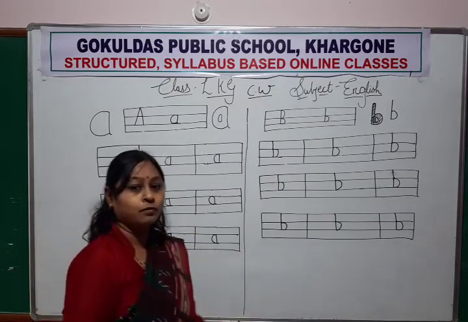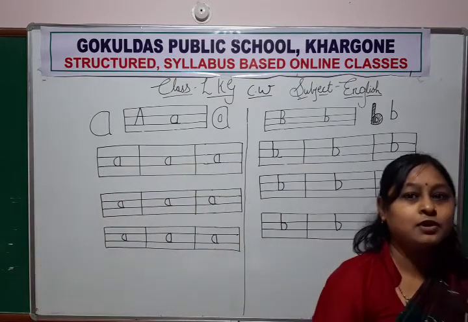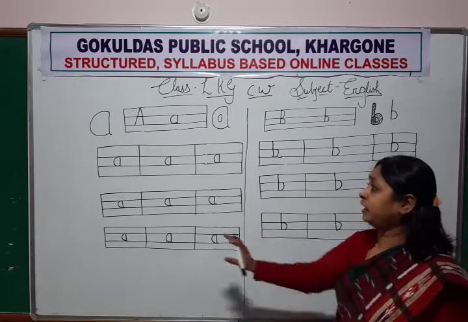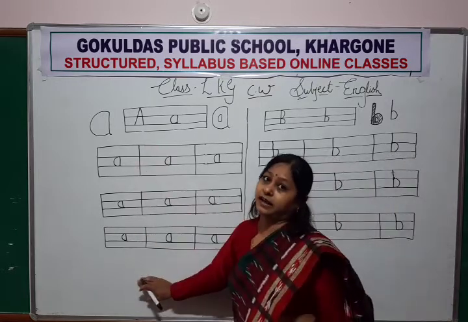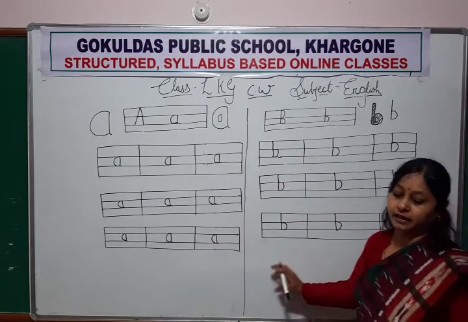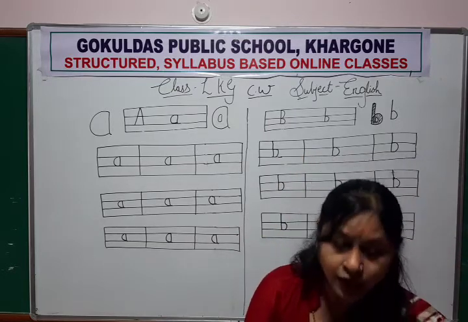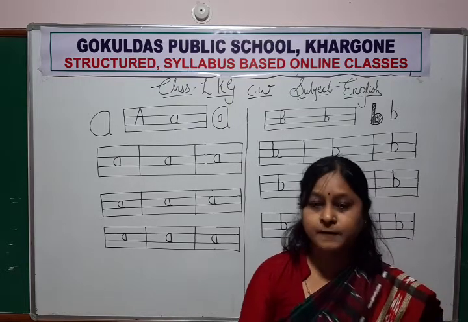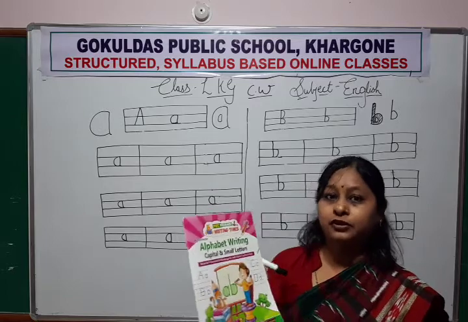Okay? So you have to write this in your notebook. Okay? 2 lines of letter A, small a, and 2 lines of letter B. And in your homework, you have to complete this page. You have this book at your home.